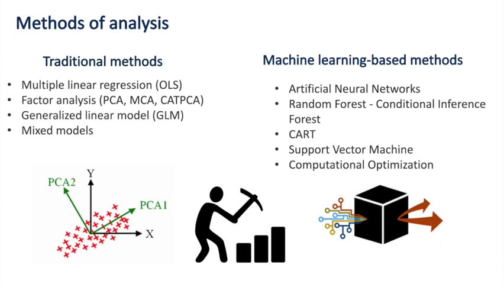Regarding the methods of analysis, I already mentioned that there are several approaches. Among them, we have the traditional methods, like statistics, multiple linear regression, factor analysis, mixed models. These are methods that have a strong theoretical approach.